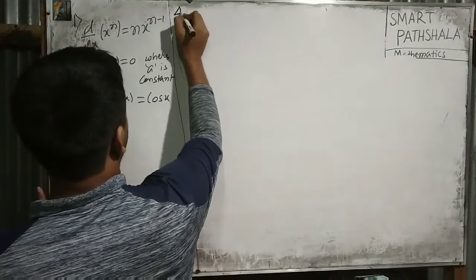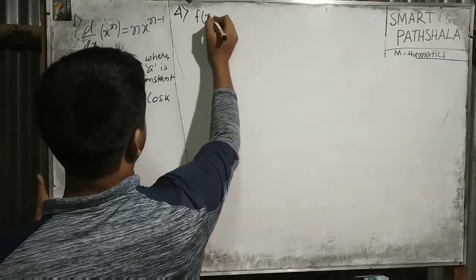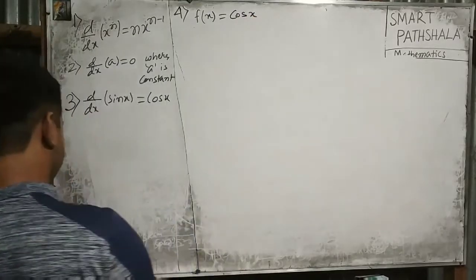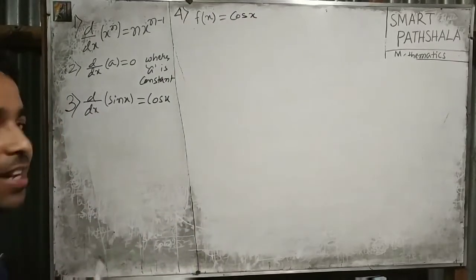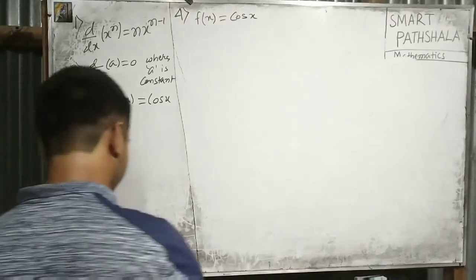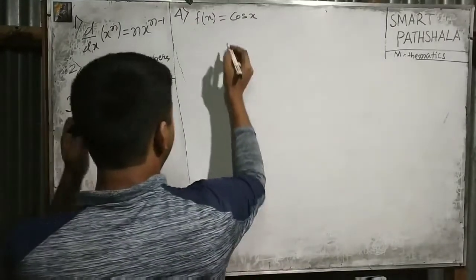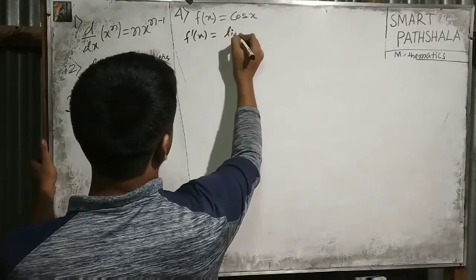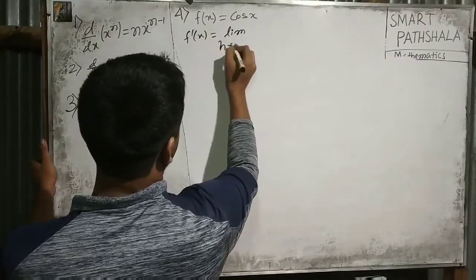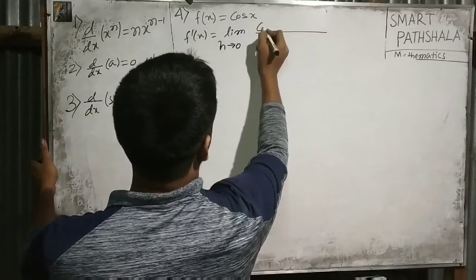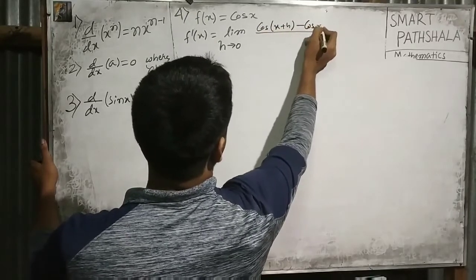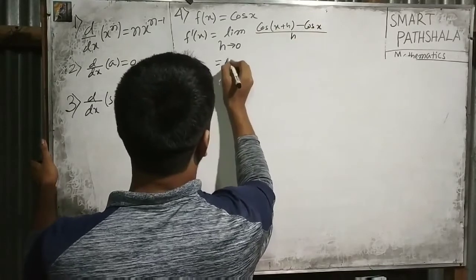Now, number 4. If this function is given cos x, now sin x has come, what remains is cos x. Now, cos x. We need to find out f dash x, which means this time I will write directly. Limit h tends to 0 and cos of x plus h minus cos of x by h.